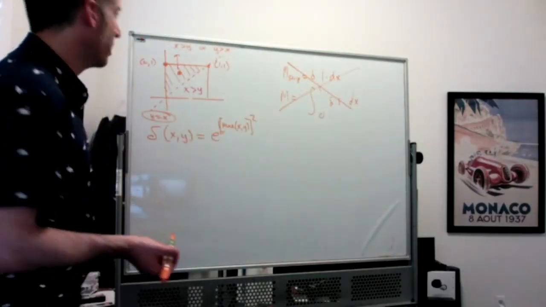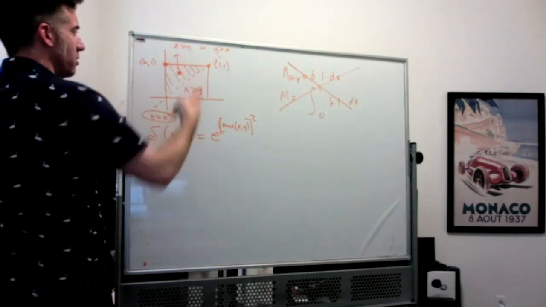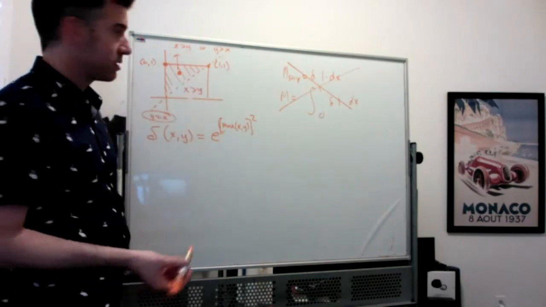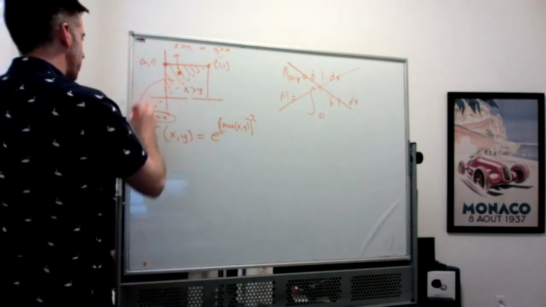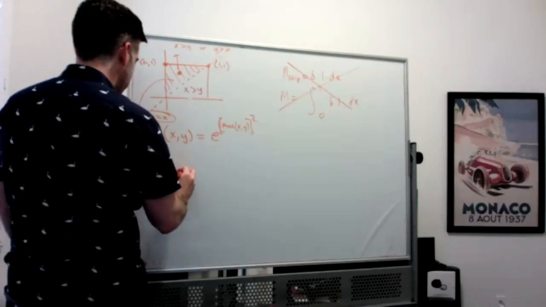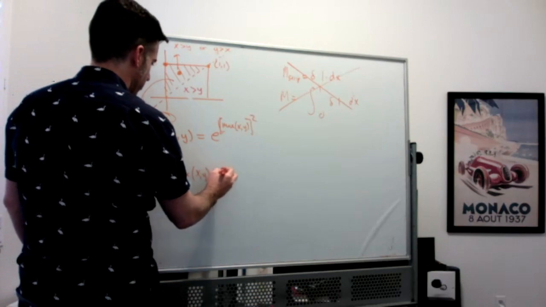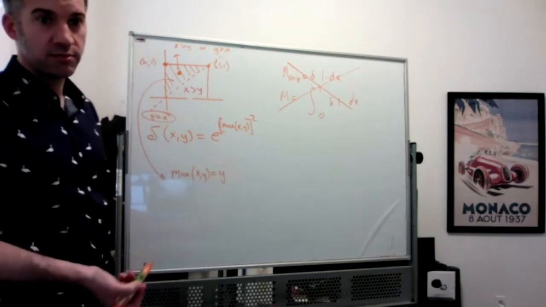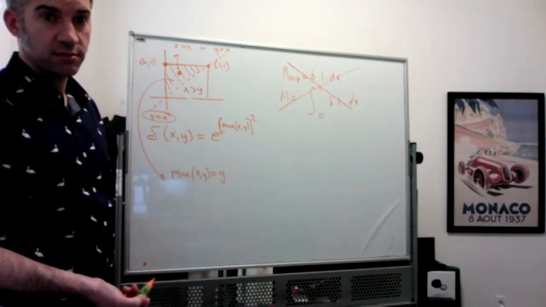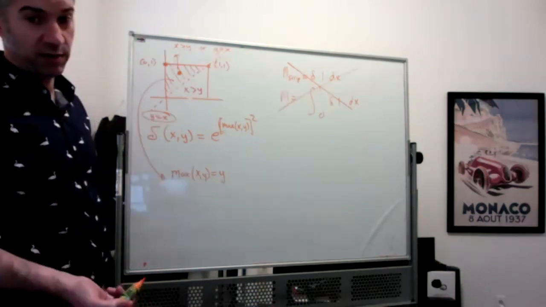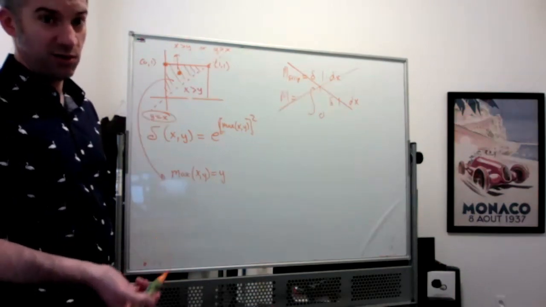So in this orange region up here, y is bigger than x. So the maximum of x and y is y. Totally true. If y is bigger than x, the maximum of x and y is y.